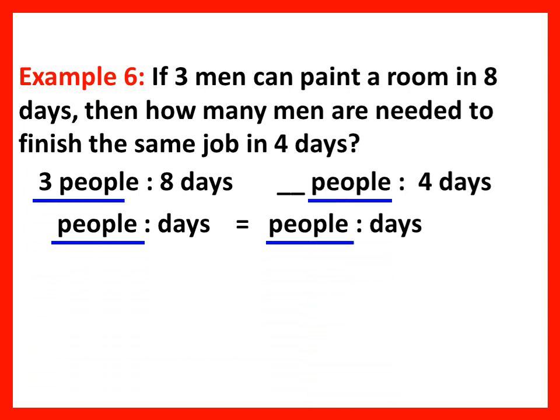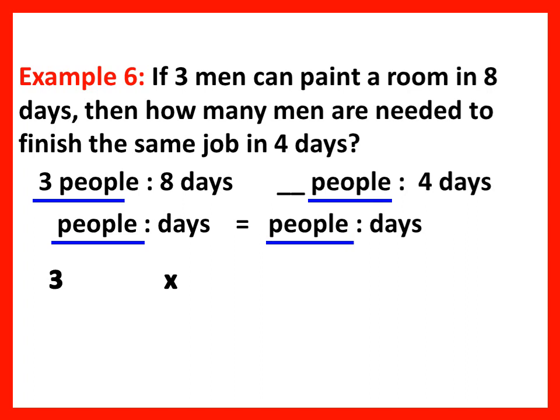We have 3 and then blank, so we will use the variable x. 3 and then x. For the next variables, we have days. We have 8 days and 4 days, so we will have 8 and 4. So let us write the symbols first and let us analyze its trend.